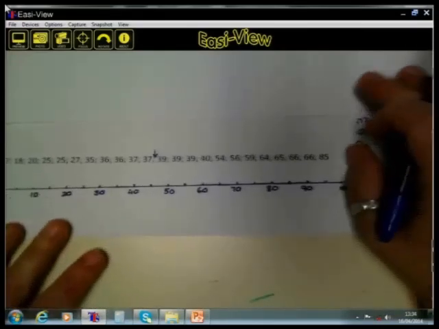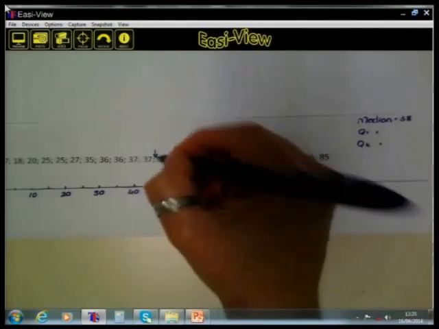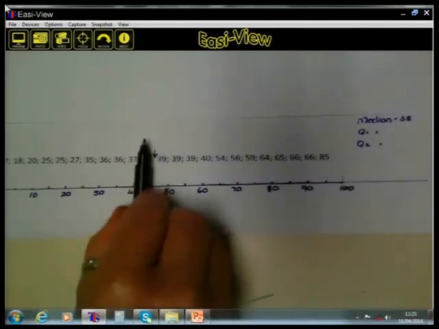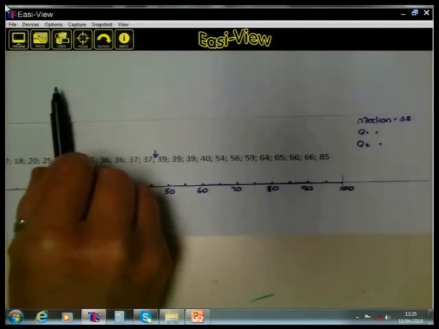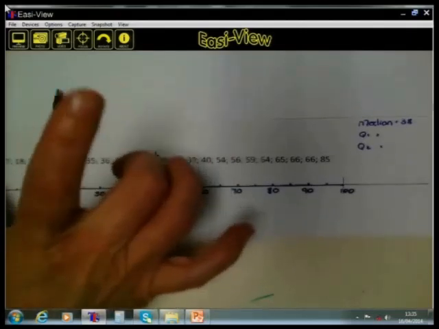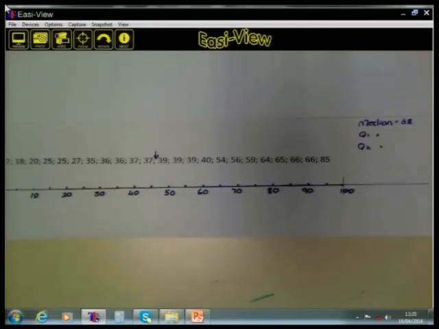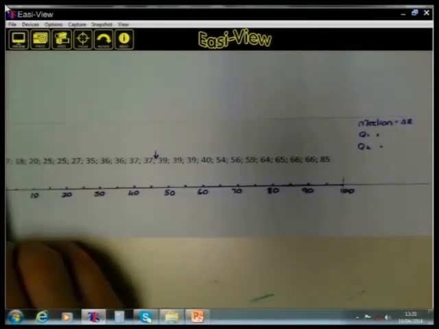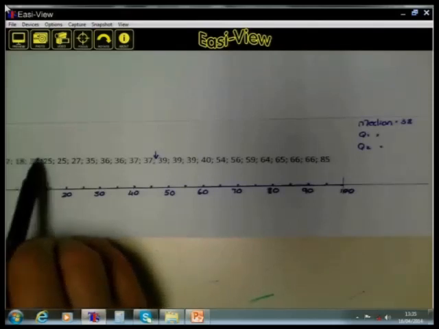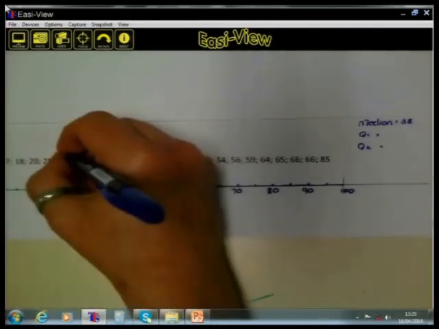We already established that the median is 38, in the middle between 37 and 39, giving us 12 values on this side and 12 values on that side. The lower quartile, the part that is going to, on this side of the median, divide the data exactly in two, is going to be after 6 numbers. 1, 2, 3, 4, 5, 6.